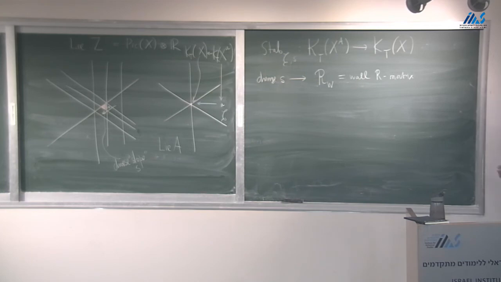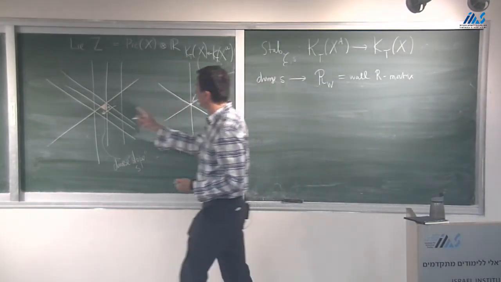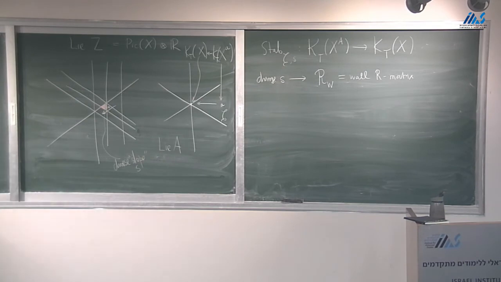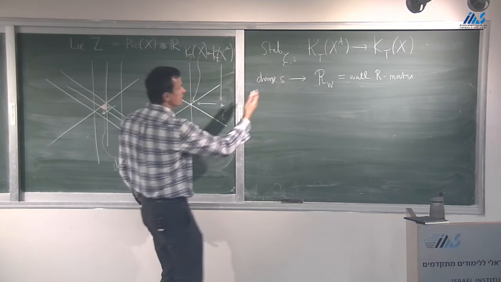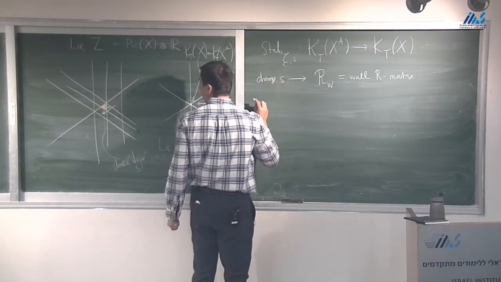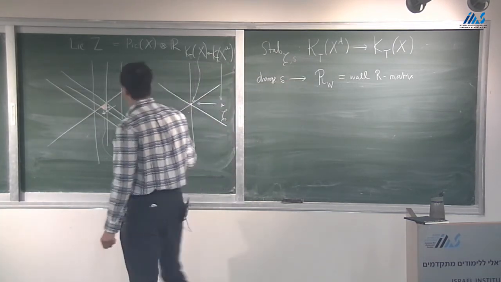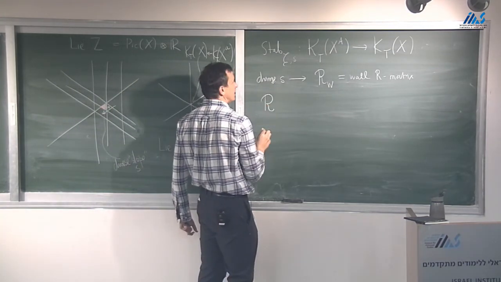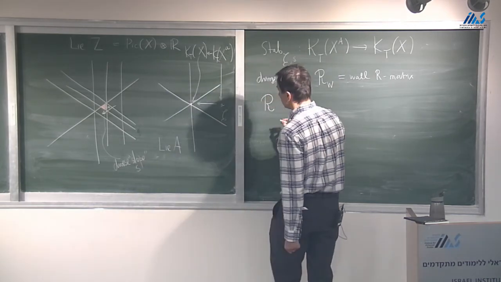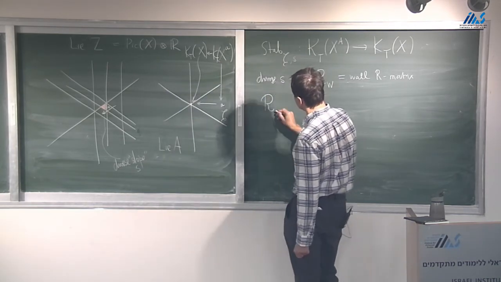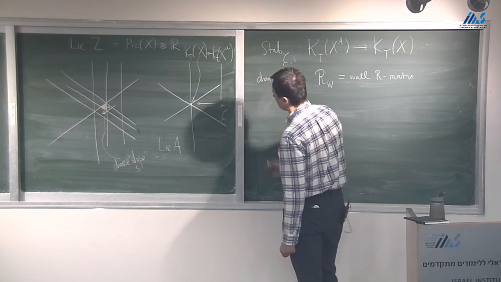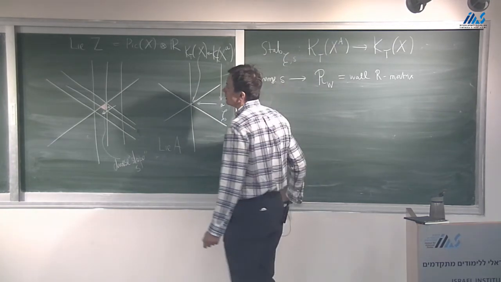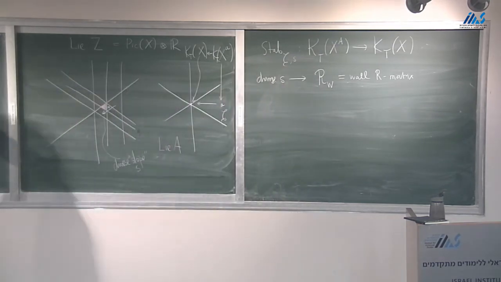And so this is corresponding to this wall R matrix. I have a map. So maybe I'll say it like this: the R matrix, you can write like this.